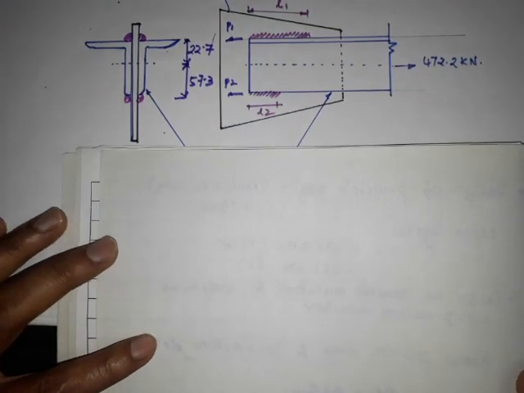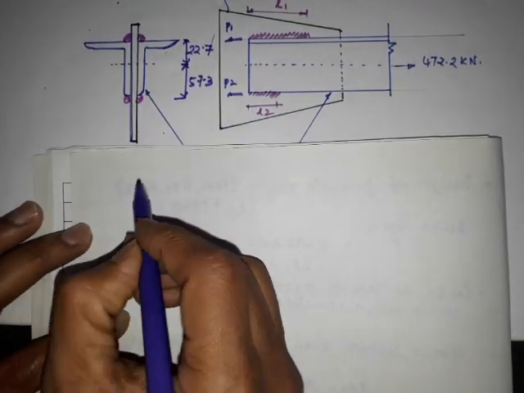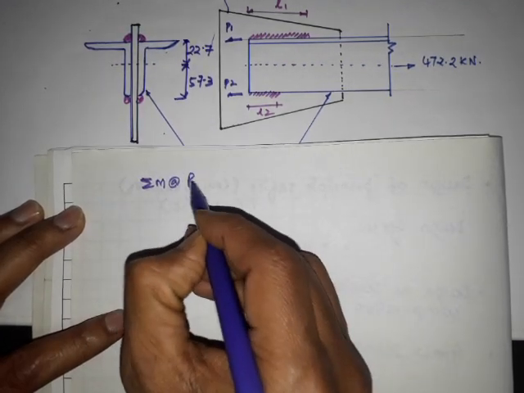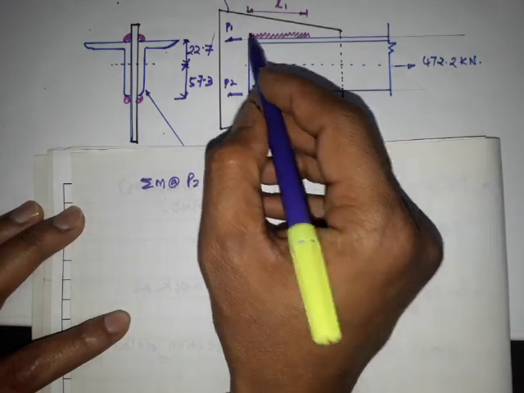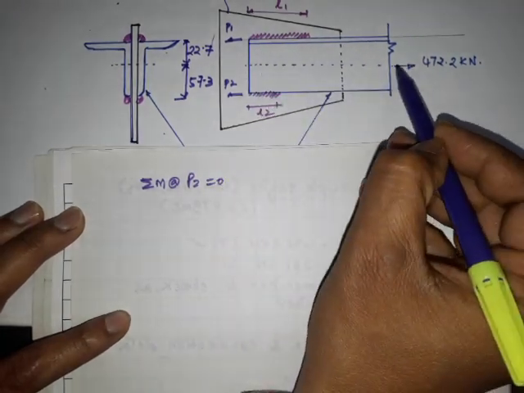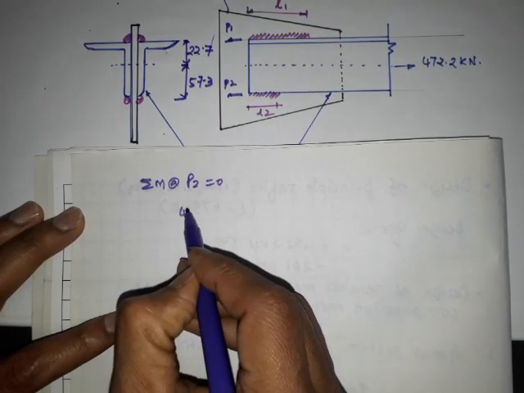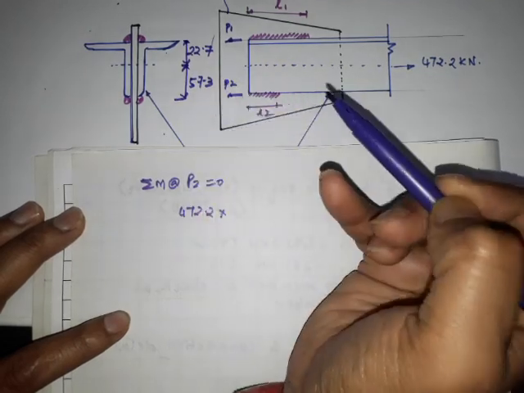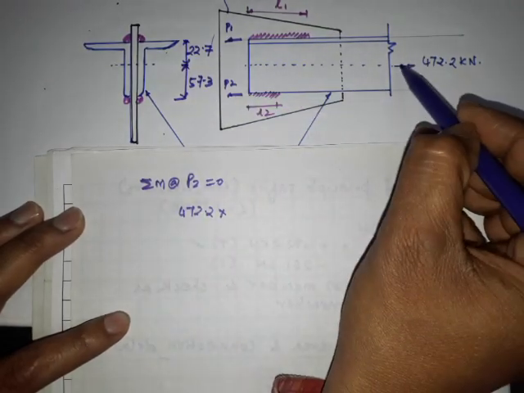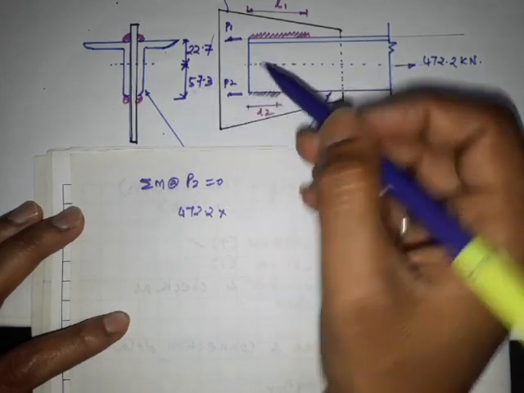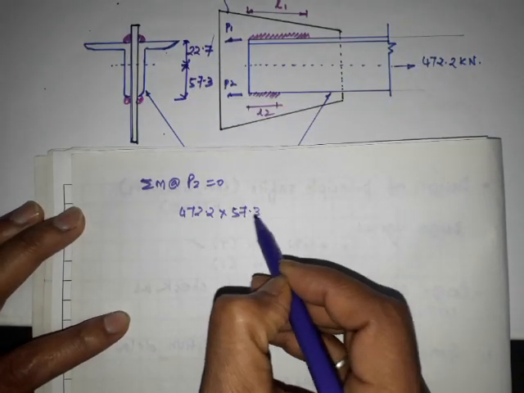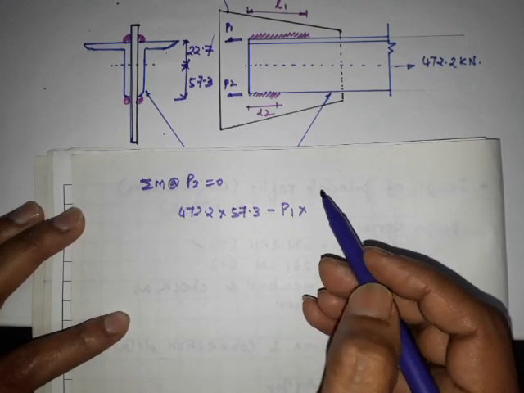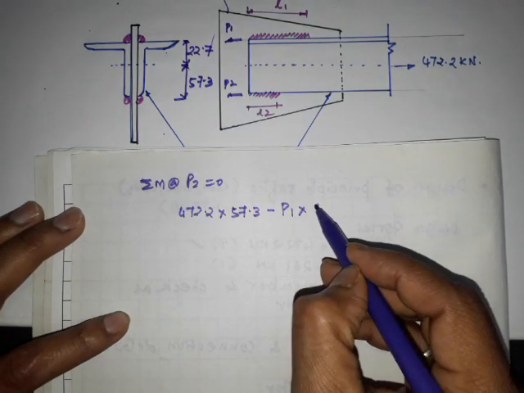So we'll calculate that. Now summation of M at P2 is equal to 0. So we'll take moment about P2. Here first of all 472.2 kilonewton, acting about P2 at a distance of 57.3, minus P1 into the total height, which is 80.